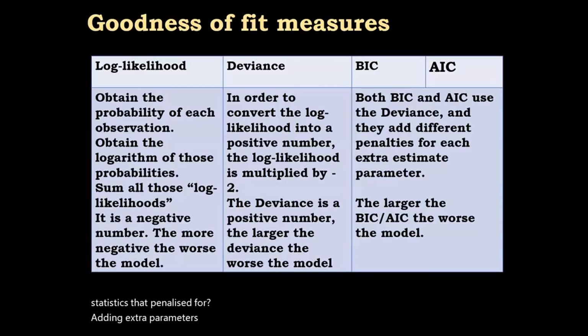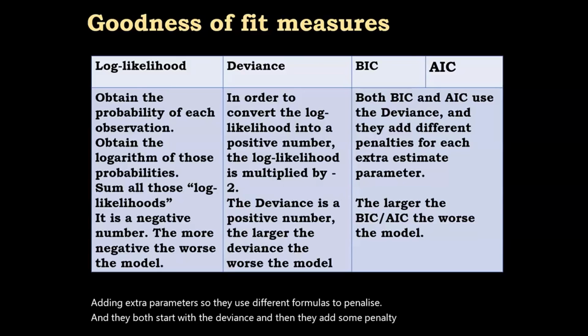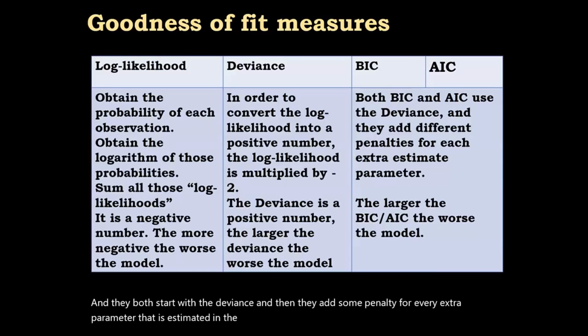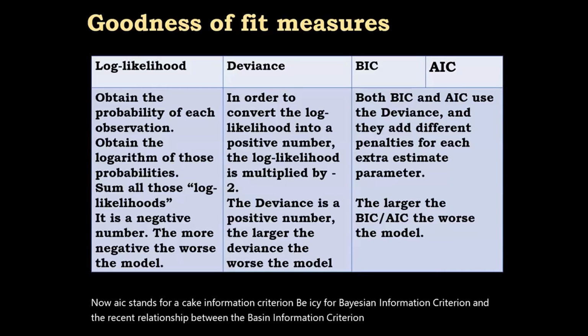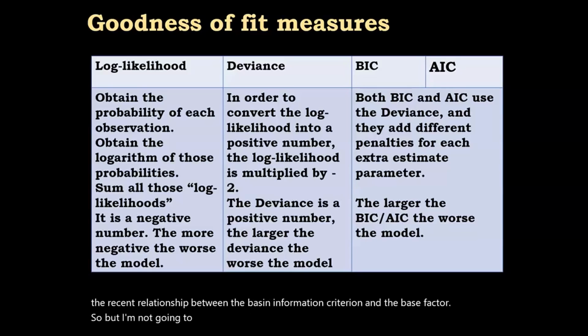They use different formulas to penalize, and they both start with the deviance, and then they add some penalty for every extra parameter that is estimated in the model. Now, AIC stands for Akaike Information Criterion, and BIC for Bayesian Information Criterion, and there is a relationship between the Bayesian Information Criterion and the Bayes factor. But I'm not going to explain this here.